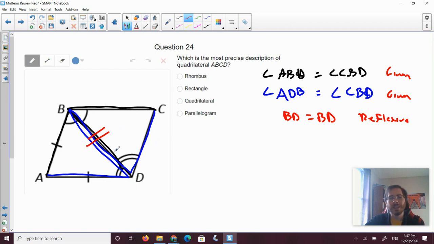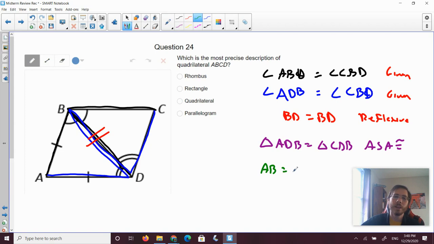And so this means that if we look, we've got an angle, another angle, and the side between them. It looks like we've got two congruent triangles, ADB and CDB, by angle side angle congruence, which means, this is kind of interesting, that AB has to be the same as CB. Wait, did I get that right? ABD, CBD?